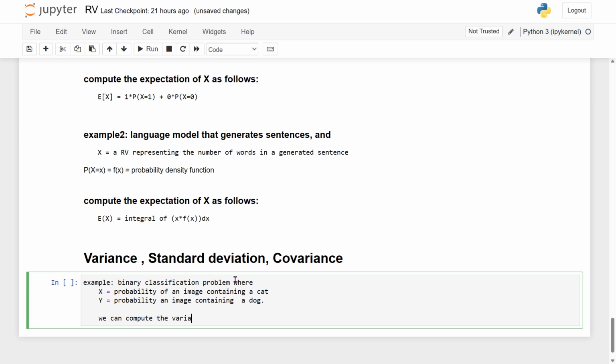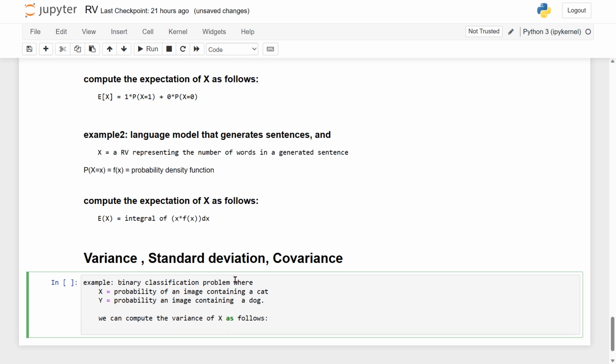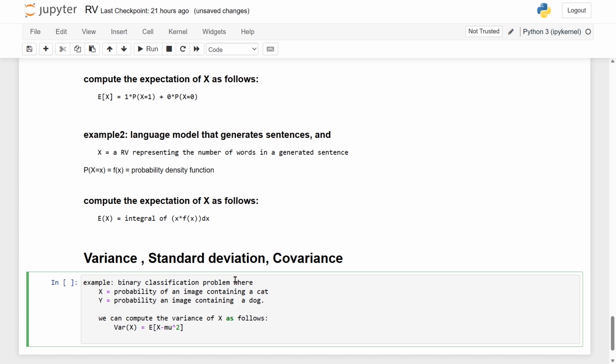the variance of x as follows. So variance of x is equal to the expectation of (x minus mu) to the power 2, where mu is nothing but E of x, the expectation of the random variable x.